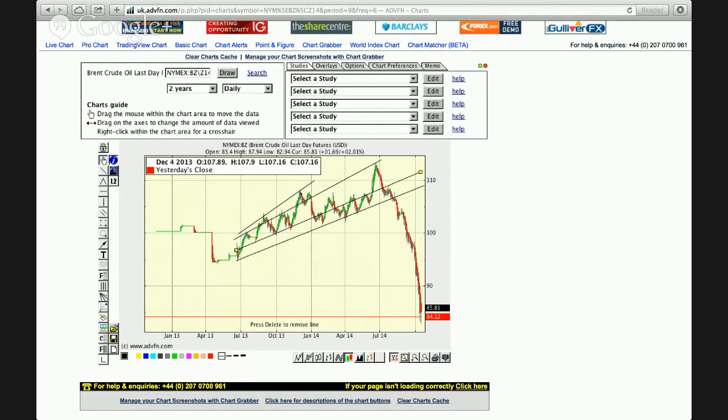It seems to have broken the resistance line, but it never had the strength to carry it through and stay within this pattern. If oil had had a lot of support in terms of the volumes being traded, it would have been trading approximately around these levels here.